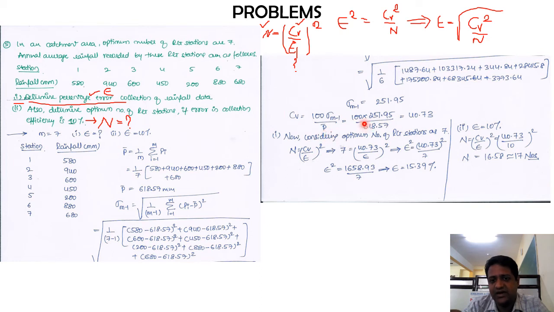So 100 times 251.95, which is the value of sigma m minus 1 from the previous step, divided by P bar, 618.57. Ultimately my CV value is going to be 40.73, and this will be in terms of percentage.